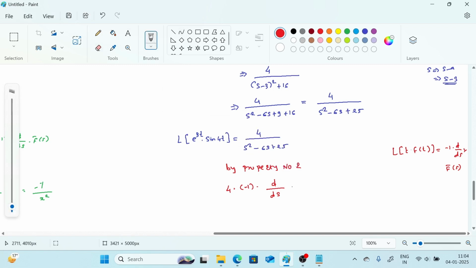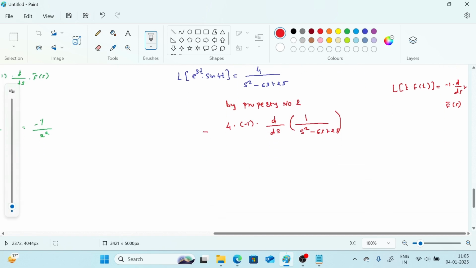So I am going to write 4 into minus 1 into d by ds of 1 upon s square minus 6s plus 25, right? How are we going to solve this? 4 into minus 1 will be minus 4 d by ds of 1 upon s square minus 6s plus 25.